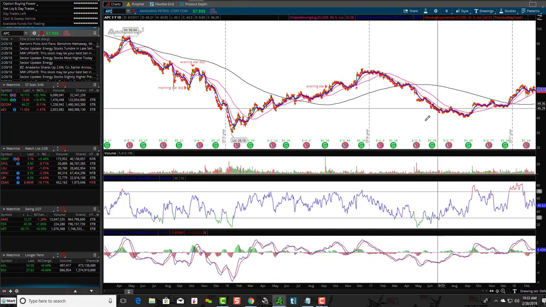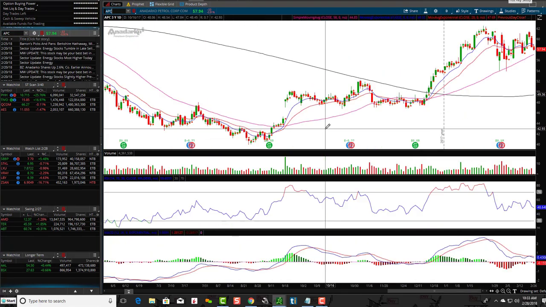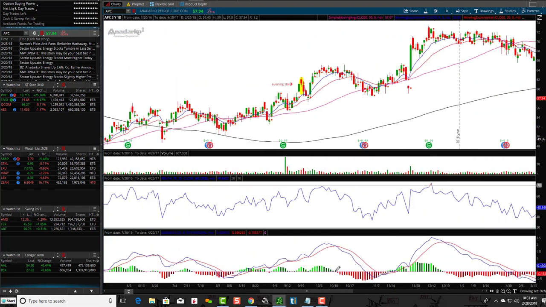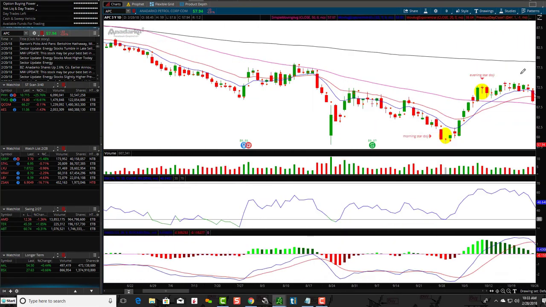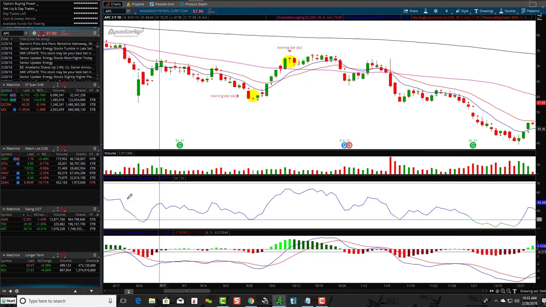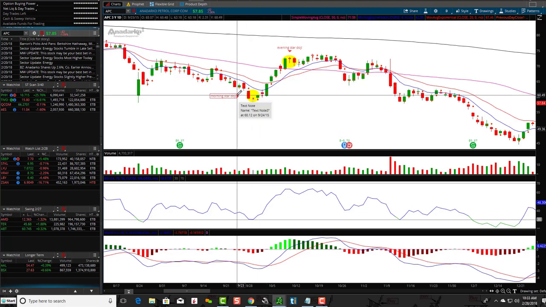APC. Let's go over here. All right, so let's zoom in a little bit here. So price falling in a downtrend, big red candle, perfect looking doji, not a huge green candle, but this green candle went almost halfway in.